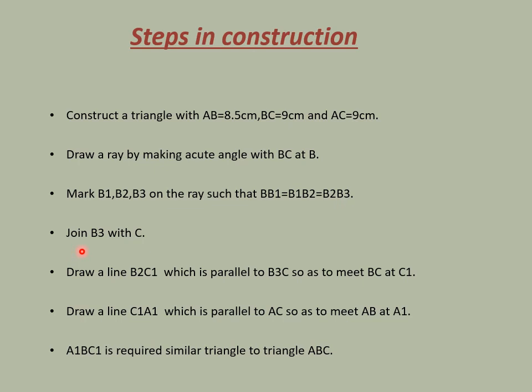Next, join B3 with C. Next, draw a line B2C1 which is parallel to B3C so as to meet BC at C1. Draw a line C1A1 which is parallel to AC so as to meet AB at A1. Now A1BC1 is the required similar triangle to the triangle ABC. These are the steps in construction, and thank you everyone for listening.